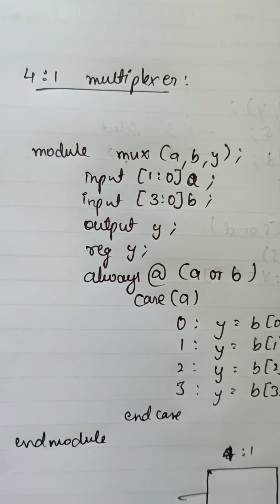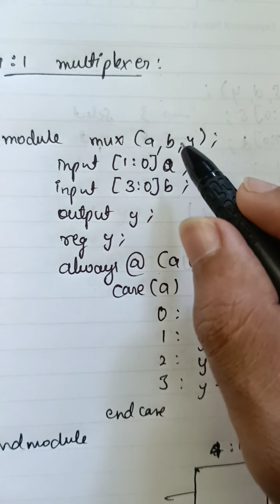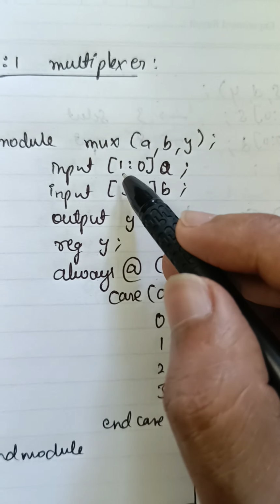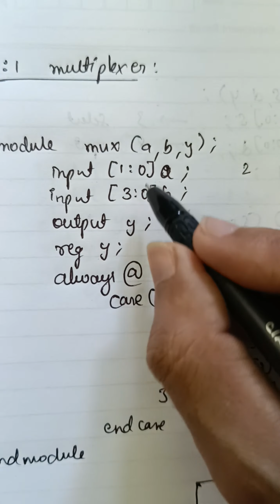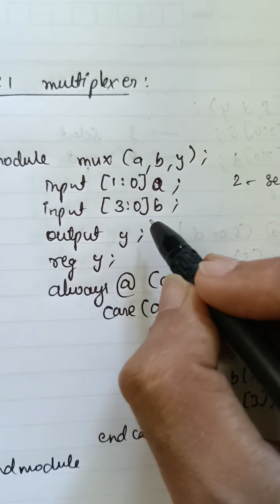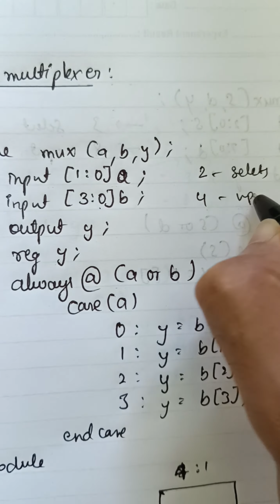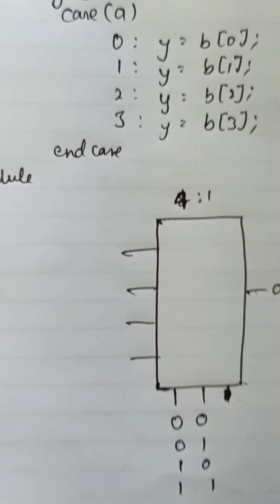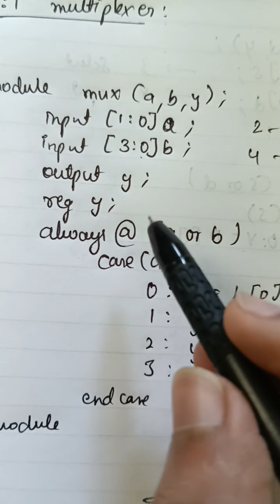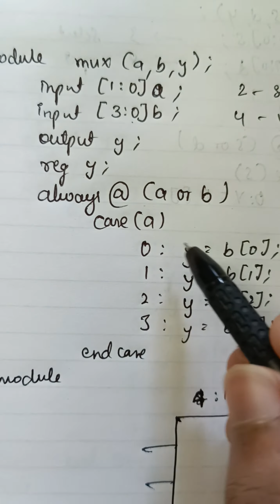Now we will see the 4:1 multiplexer. Here also the inputs are A and B, and the output is Y. The range of A is from 0 to 1, that is 2 selects, and B is 0 to 3, that is 4 inputs. These 4 select combinations are 0 0, 0 1, 1 0 and 1 1. The output is Y, the same as in the previous case.